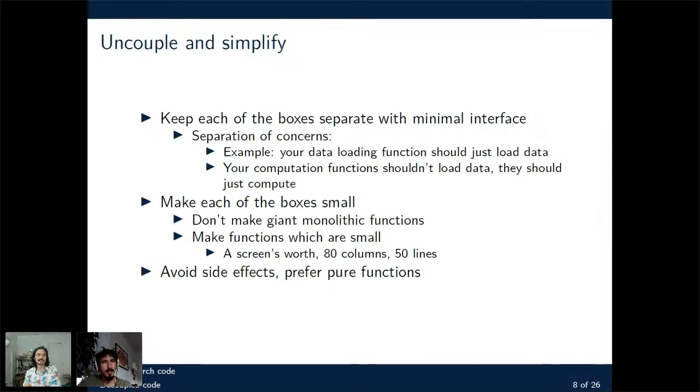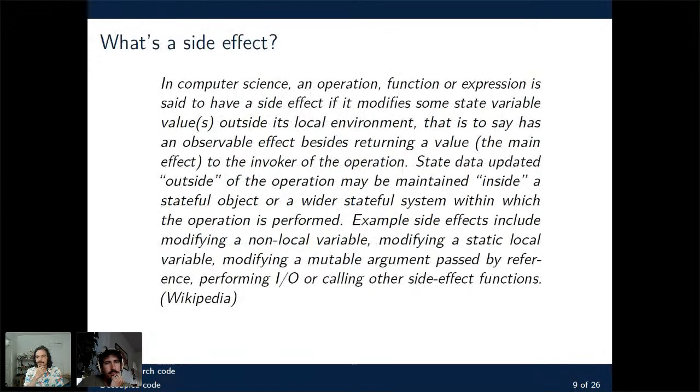The other thing that I would say is to avoid side effects. This is a computer science term that you might not have heard, or pure functions. What is that? A side effect is when you have a function and the data flow is not the most direct data flow.